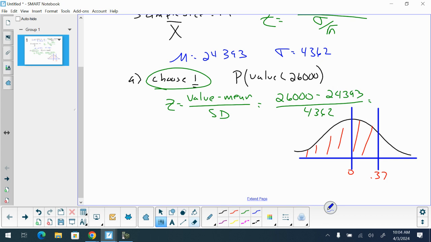Ethan, what do you get for table value? 0.1443. So we want to find all this area that's below this. So what do we have to do to calculate the area that's below that? Brady? Add 0.5 to it.